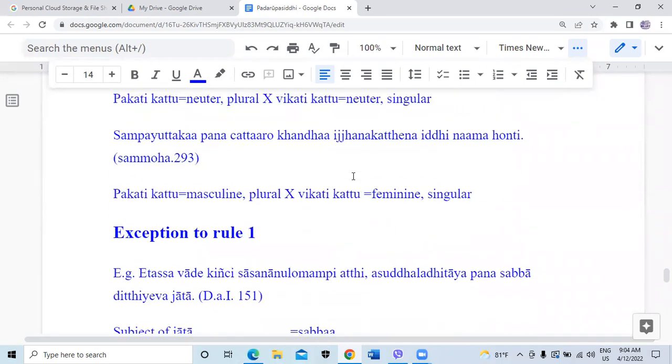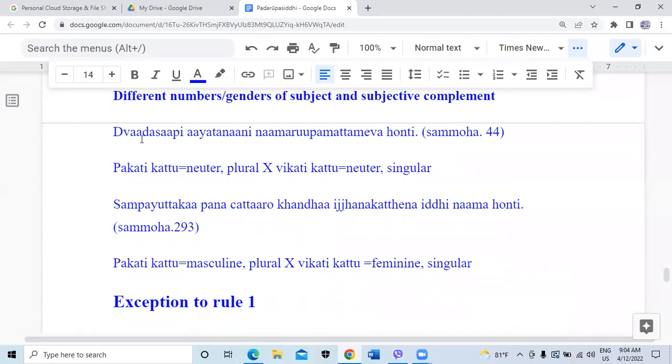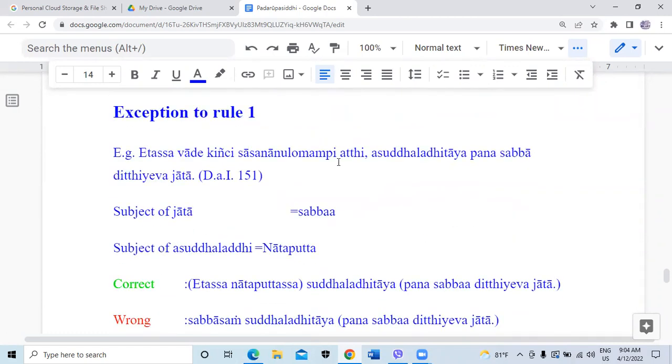At that time, these are not adjectives. If adjectives, they must follow the noun they modify, the gender and number of the noun.